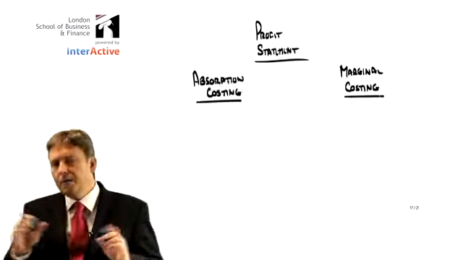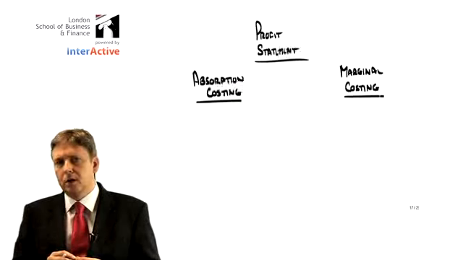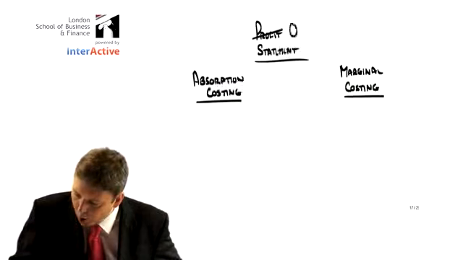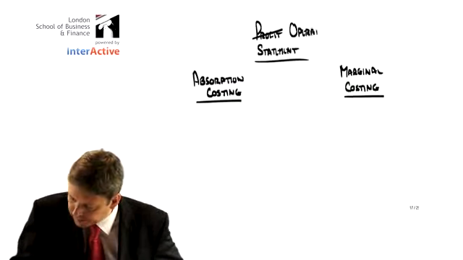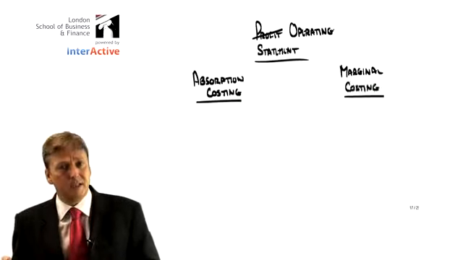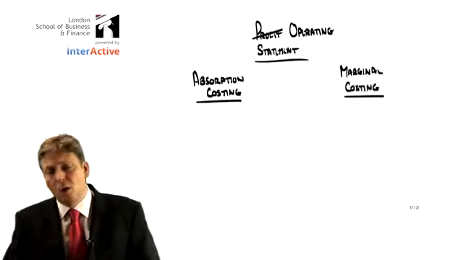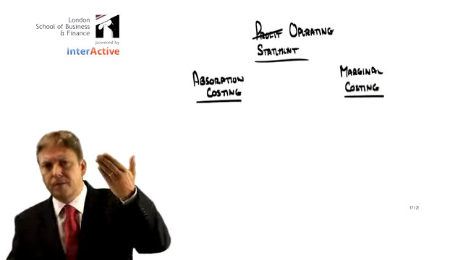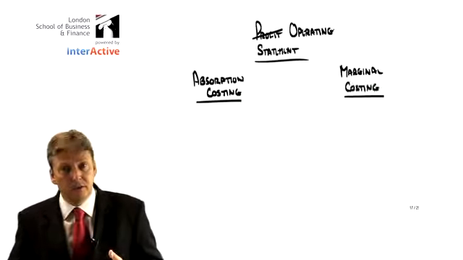Now, I've called them profit statements, but what you often find them called is an operating statement. And what we're doing in an operating statement is simply this. We're attempting to reconcile from our budgeted value to our actual value.